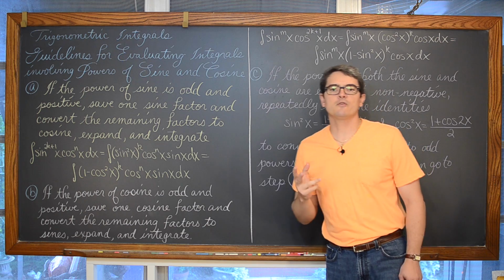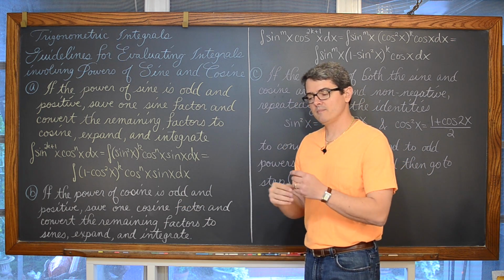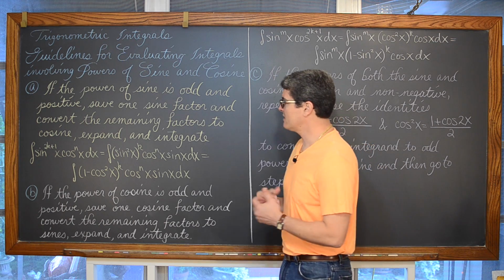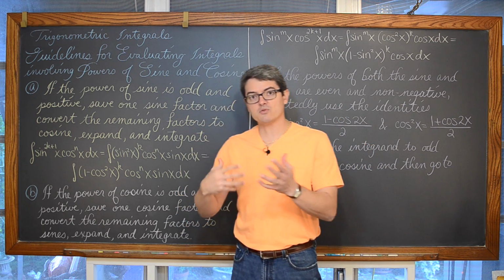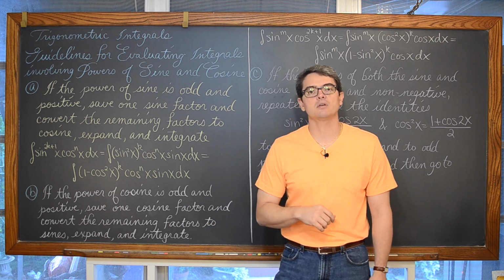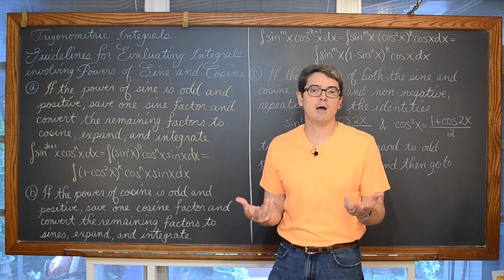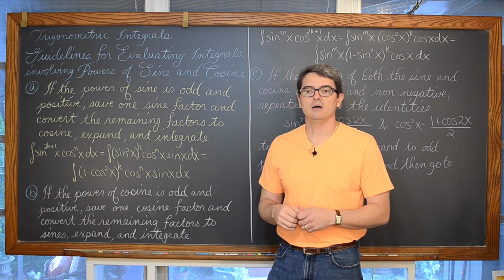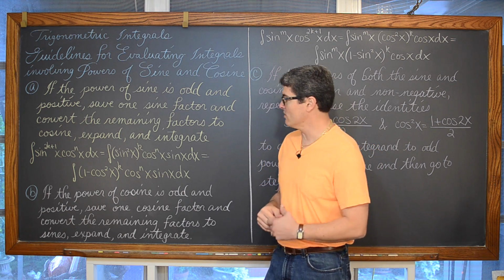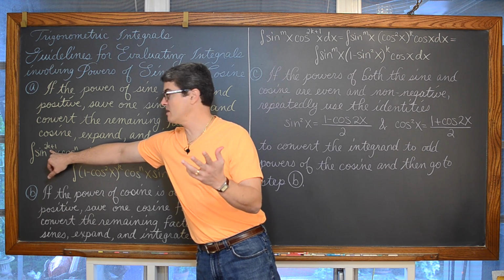And we're looking for that odd power, whether it be on sine or cosine, and saving it, and then converting the remaining to the other trig function. If you have an odd power of sine, convert to cosine, and if you have an odd power of cosine, convert the remaining to sine, because we're going to be using the power rule to integrate or evaluate these indefinite integrals. And we're going to be converting between sine and cosine using the Pythagorean identity.